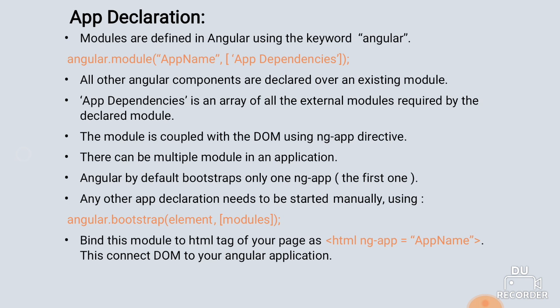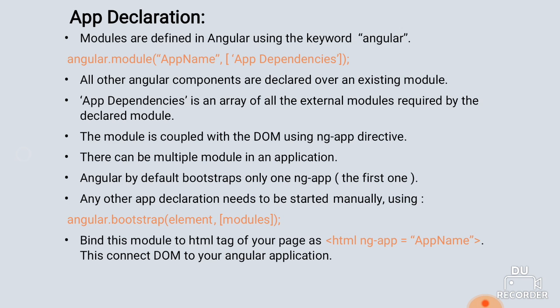So once this app declaration, the module declaration, is done, the next thing that you want to do is you want to club this module name with your HTML part. So basically your HTML is in sync with your JavaScript code all the time using this particular module name. As you can see at the bottom part, we have used a directive, that is ng-app.